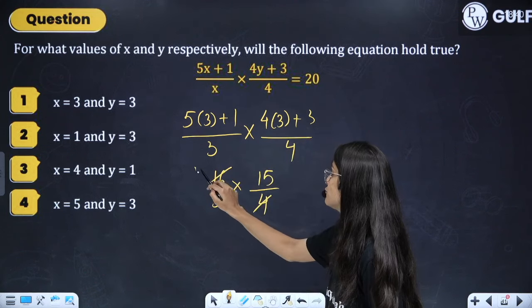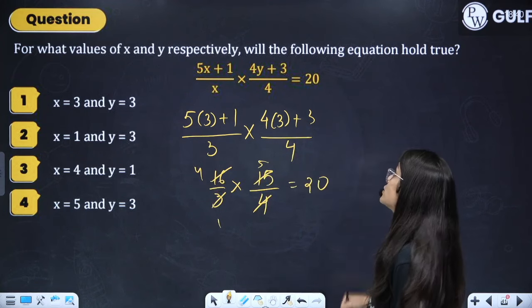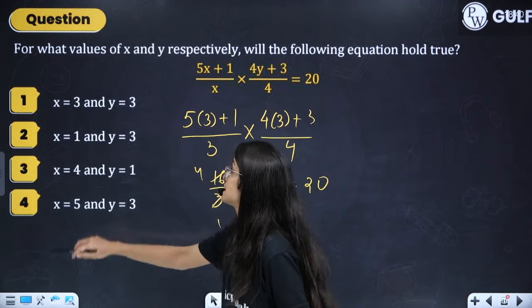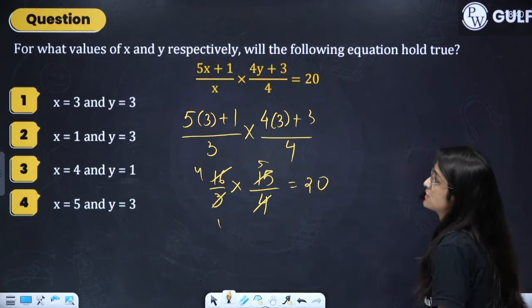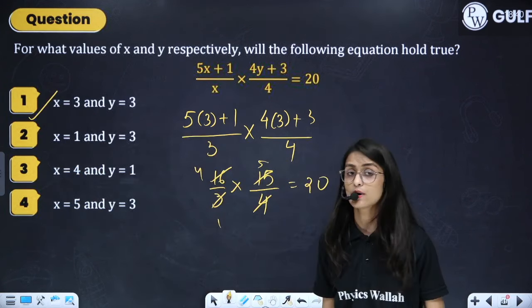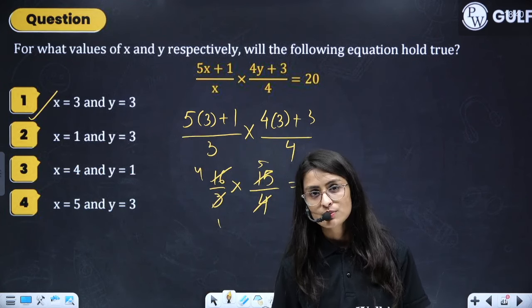See, 4 1s are 4, 4 5s are 20. Here I am getting my LHS equal to 20. If I substitute my first option, x equals 3 and y equals 3, my LHS is equal to RHS, so I'll be going by option 1, right? I need not try the other options. I hope you all understood up to here and you won't be having any doubts, right?